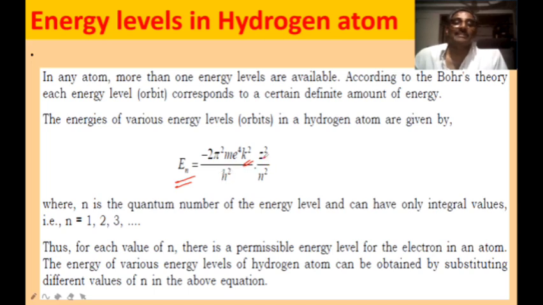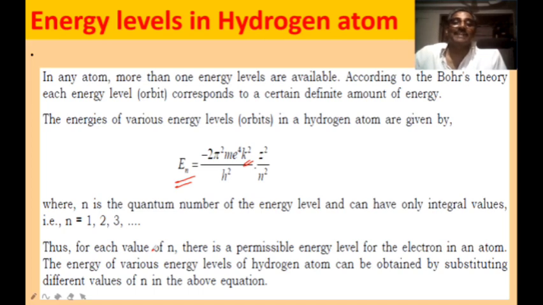If the values are expressed in CGS system, we can simply write this as minus 2 pi square m e to the power of 4 by h square into z square by n square, where n is the quantum number, that is the number of the orbit, and z is the atomic number.